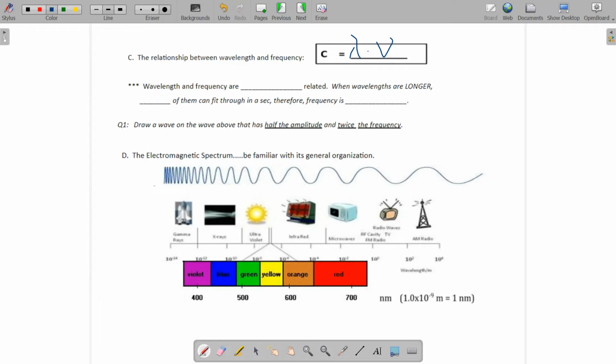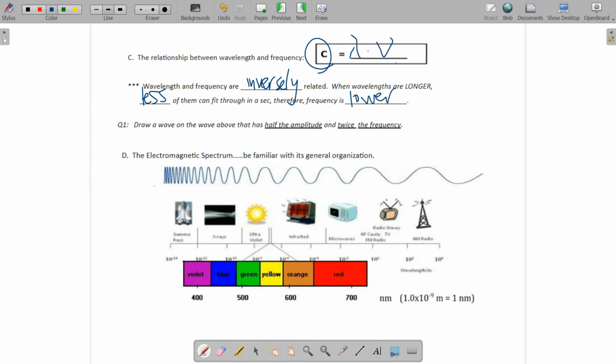Looking at this equation, we see that as one goes up, the other goes down, because this is a constant, that means that they're inversely related. Okay? When wavelengths are longer, then less of them can fit through in 1 second, and therefore the frequency is lower.